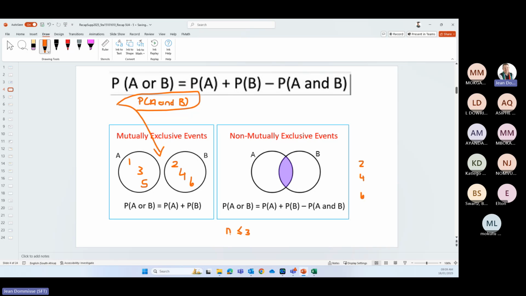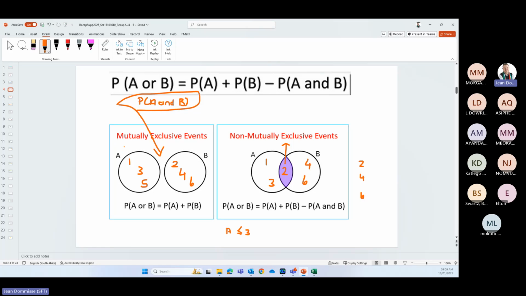So event A is 1, 2, and 3. Then the number 2 is in both events, so it will not be mutually exclusive because there is a number that is in both events.